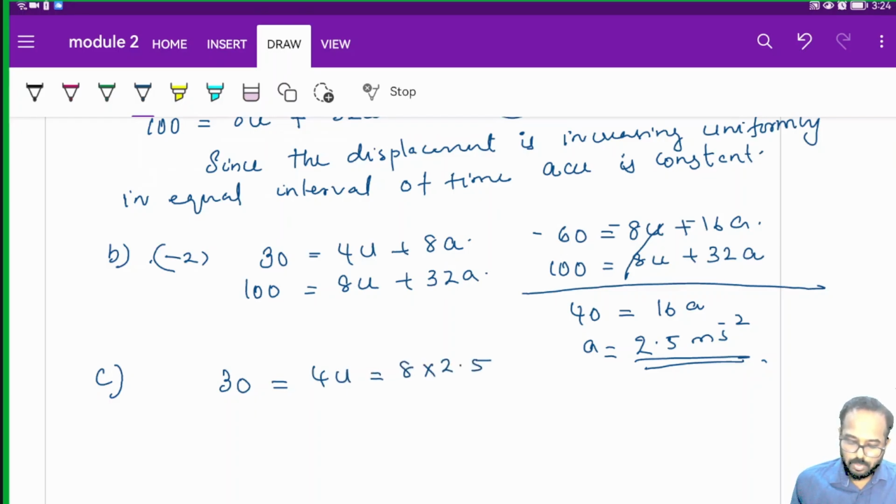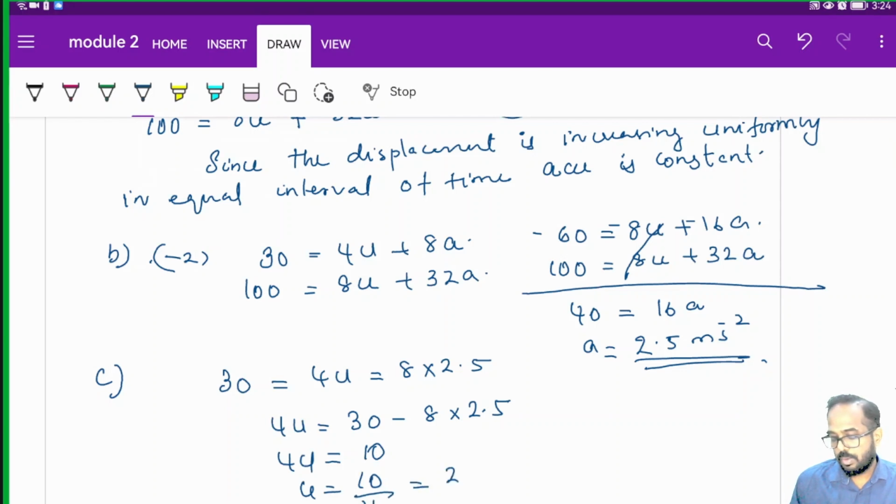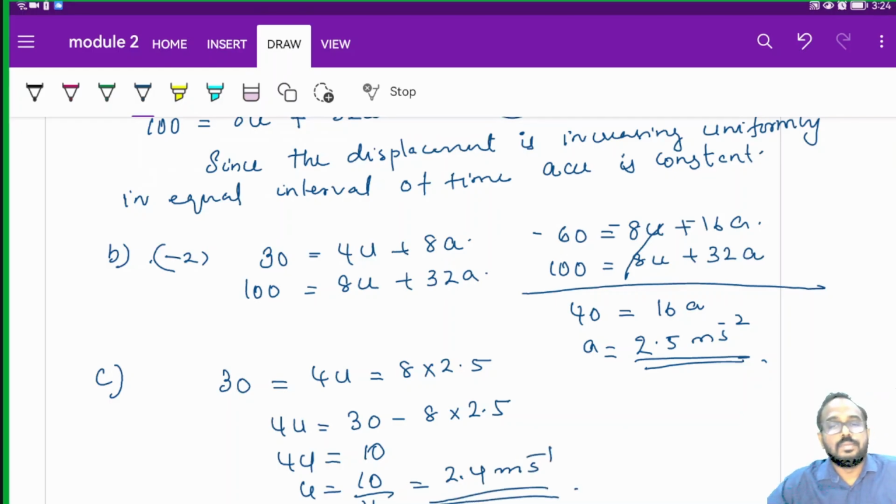So 4u equals 30 minus 8 into 2.5. 8 into 2.5 is 20. So it will be 10 is equal to 4u, u is equal to 10 by 4, which is equal to 2.5 meters per second. Understood? I hope you got these answers.